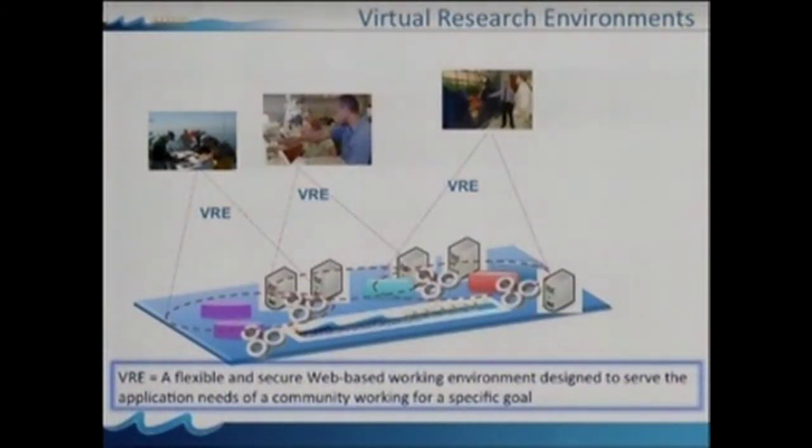Imagine a group of people that has a specific objective. They want to have their own tools and their own environment. So what does the infrastructure do? It allows you to create this environment, where you have everything you need, and the persons that work with you are allowed to access it.